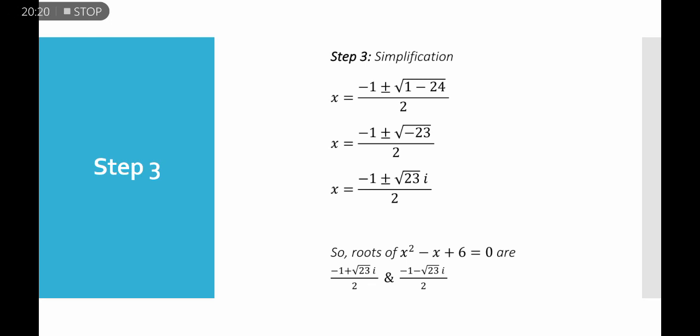So the equation becomes x = (1 ± √23 i) / 2. So the roots of x² − x + 6 = 0 are (1 + √23 i) / 2 and (1 − √23 i) / 2. Again, the equation has two complex roots which are complex conjugates of each other.